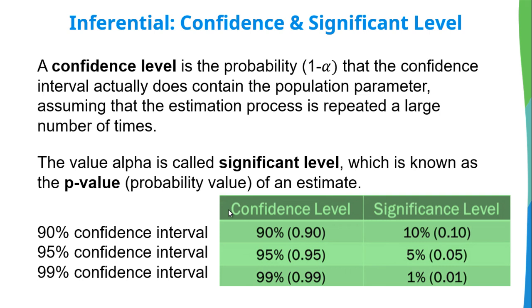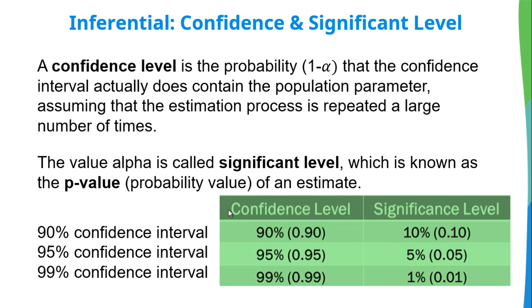The value of alpha is called the significance level, generally known as the p-value, the probability value of an estimate. Generally we have three as standard: 90%, 95% and 99% confidence levels.